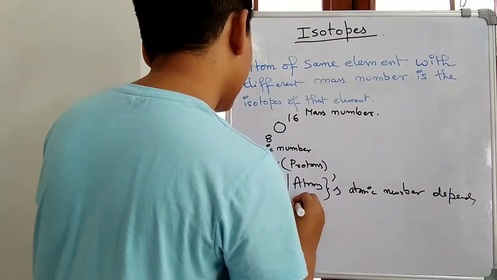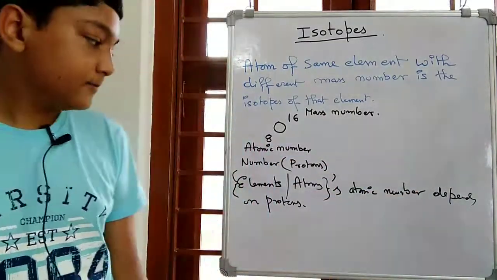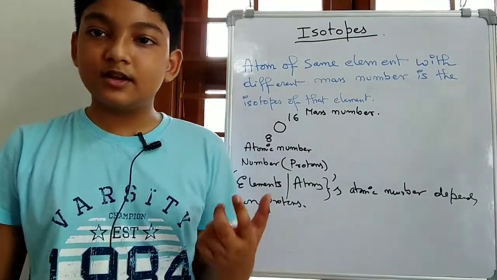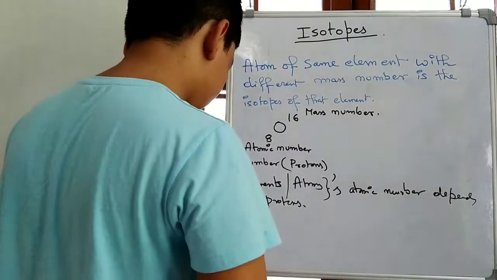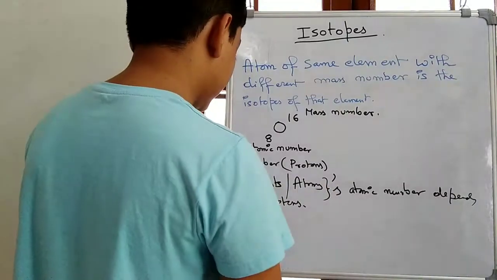The number of protons is the atomic number. So what is the atomic number of oxygen? Guess it. It's 8. Okay, so let me erase this. This is one piece of information. You may note this. This is important.